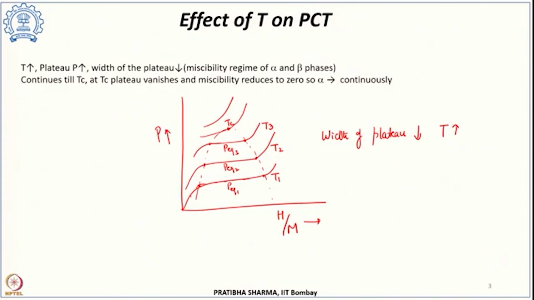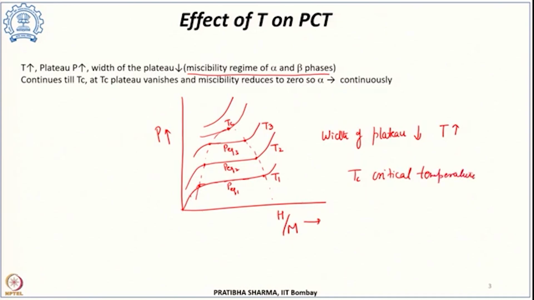The important thing to be noted here is that this plateau tells about the miscibility regime of the two phases, which are alpha and beta. So as the temperature increases and the plateau pressure increases, or the plateau width decreases, the miscibility region of alpha and beta phase also decreases, and this continues till a temperature which is the critical temperature, Tc.